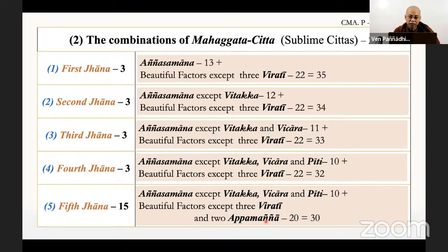Okay, yeah, great. After the fifth jhana. Fifth jhana, right? You have to know that Appamanya here refers to Karuna and Mudita. But in chapter 9, when we count the complete set of the Appamanya illimitable meditations, it becomes 4, right?